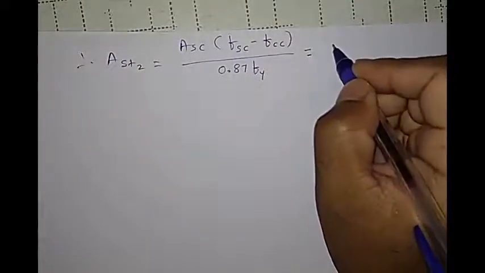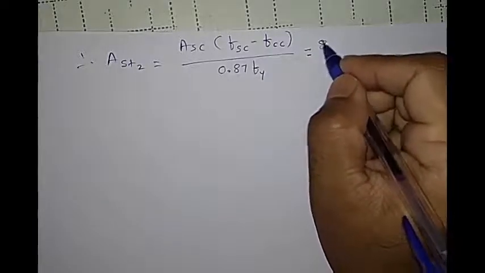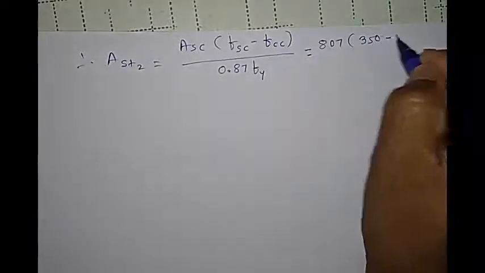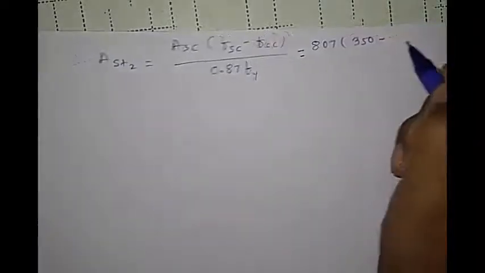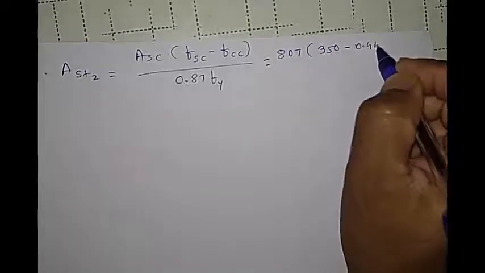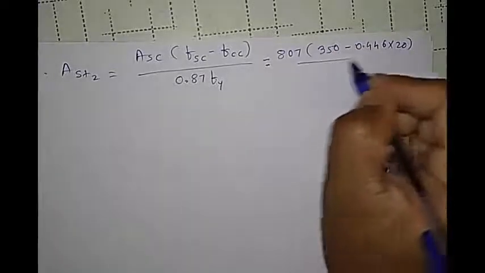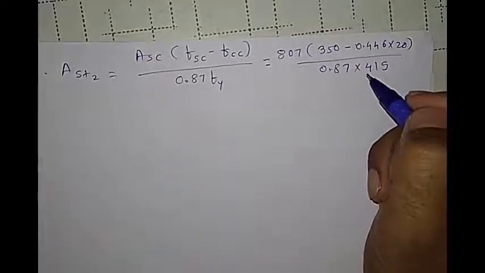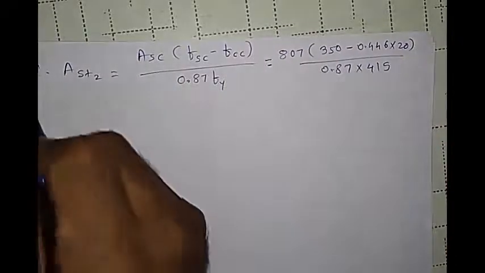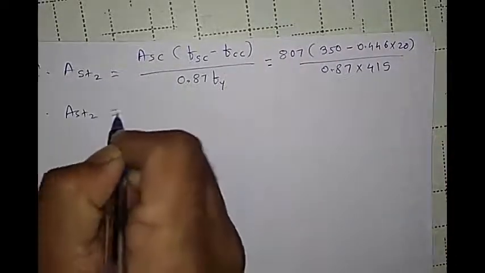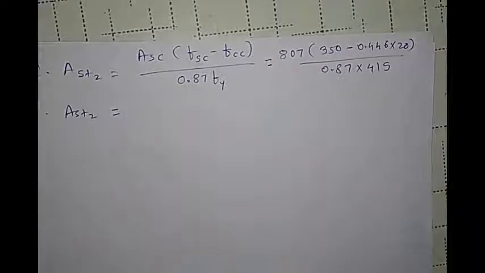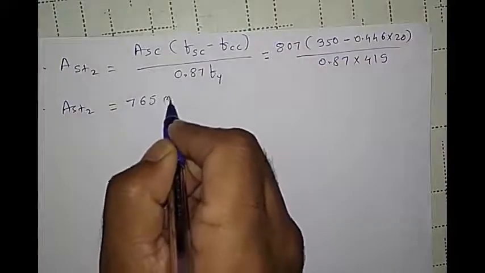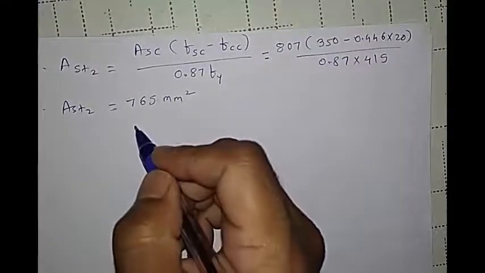Now this ASC which we got, 807, FSC that is 350 minus 0.446 into 20, divided by 0.87 into 415. So therefore you will get AST2, if you calculate it, around 765 mm square.